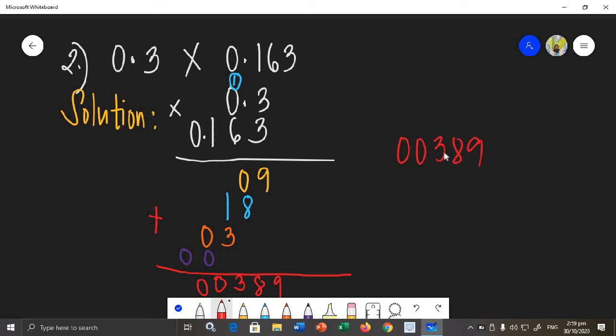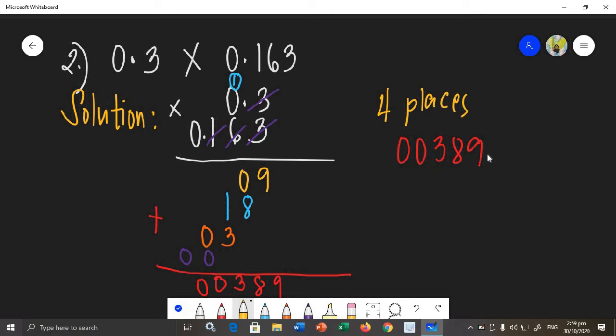And then, hindi pa yan yung final answer, no? So we should count how many decimal places the given has. And then, kung ilan yung decimal places, we should move the decimal point in the product depending on how many the decimal places are. So we have 1, 2, 3, 4. So we have 4 decimal places.